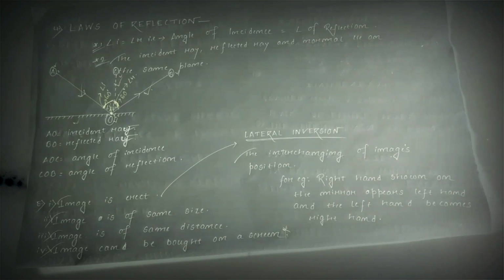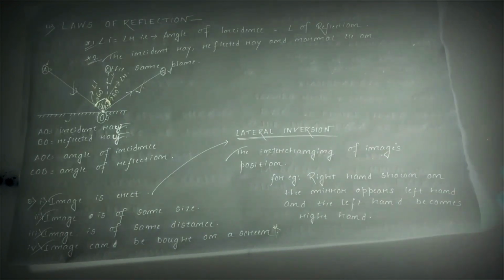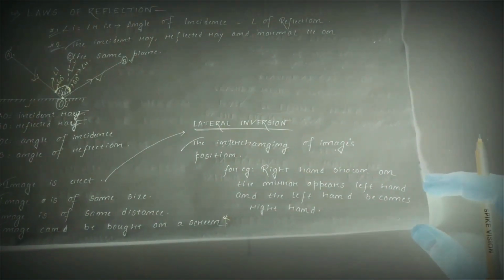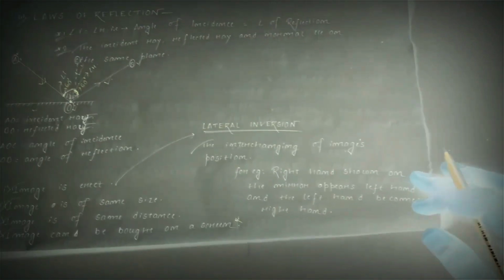For example, if you have ever raised your right hand in front of a mirror, you might have seen that your right hand appears as your left hand, or if you raised your left hand, it might have appeared as your right hand. This is because of lateral inversion. More clarification on lateral inversion will be shown in my next videos. So this was the topic of lateral inversion.